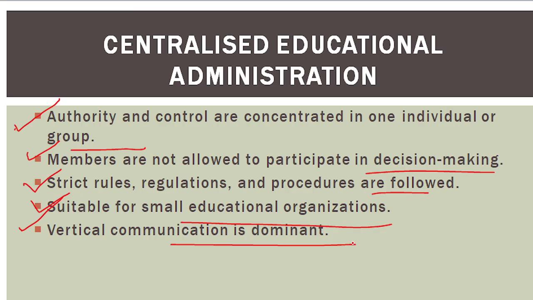Everything will be highly structured. Most of the time we see centralized education administration in a very formal setting where everything is very structured. All the rules, regulations and procedures, everyone has to follow. So this is the centralized education system.